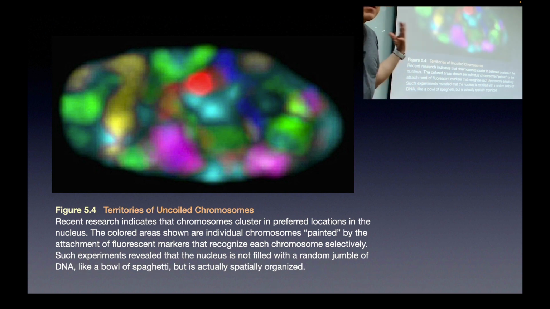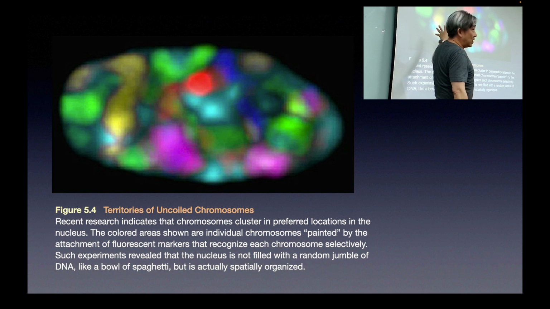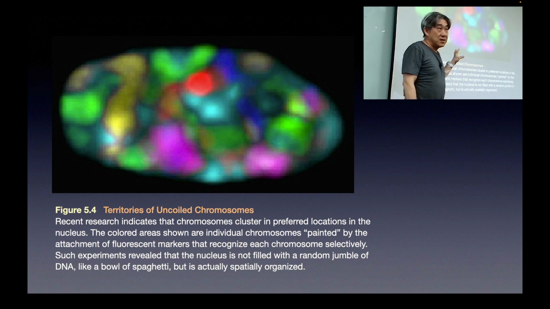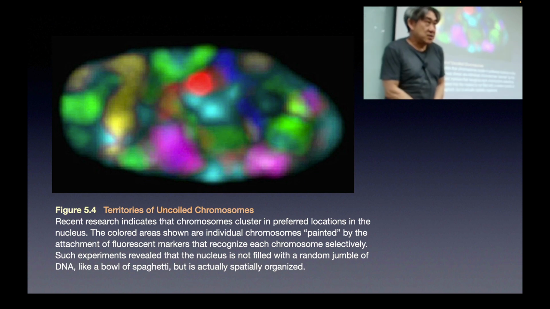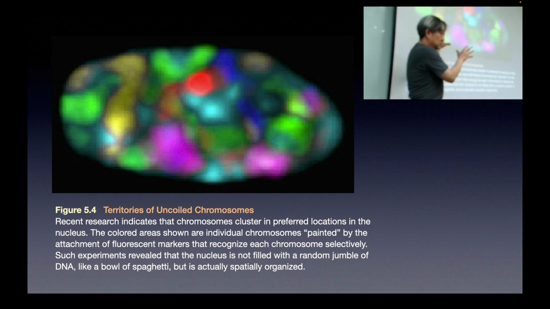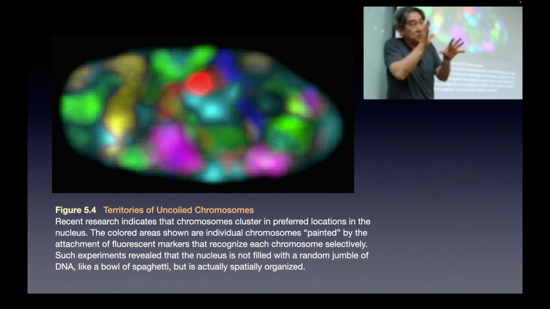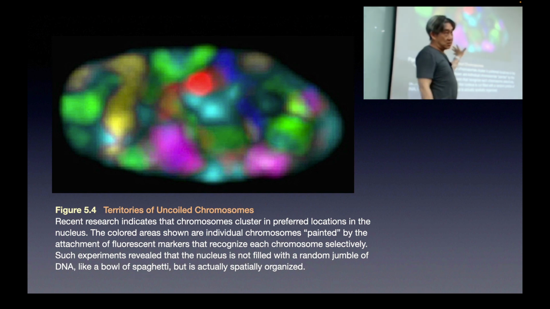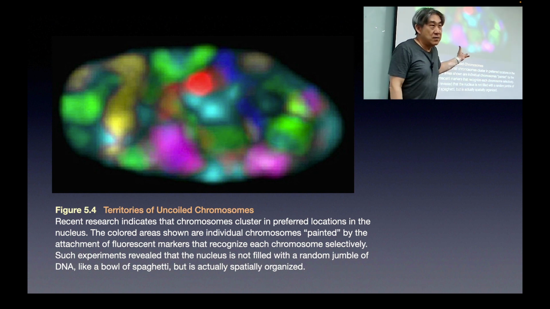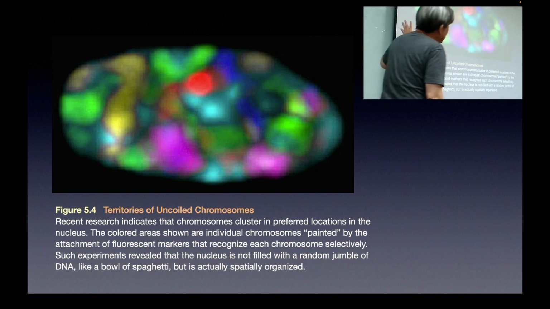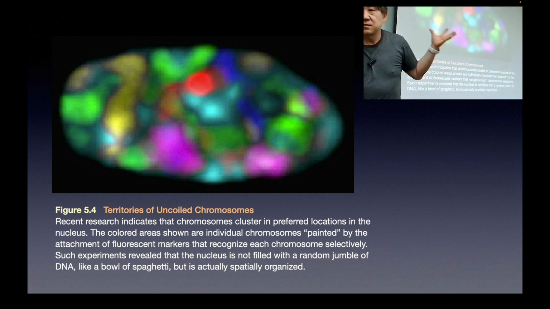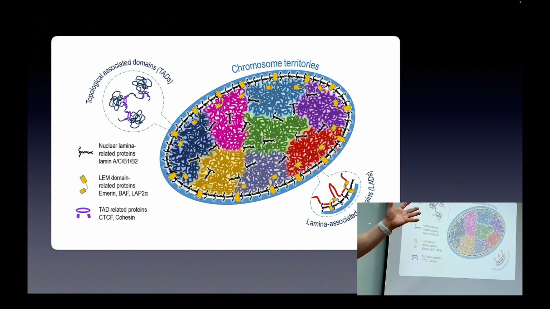Wow. So that's what we now realize: even at the chromatin stage, they maintain very distinct territories, chromatin territories. Okay, big deal. Good. So now we know, but that is not the reason why we need to go through this.